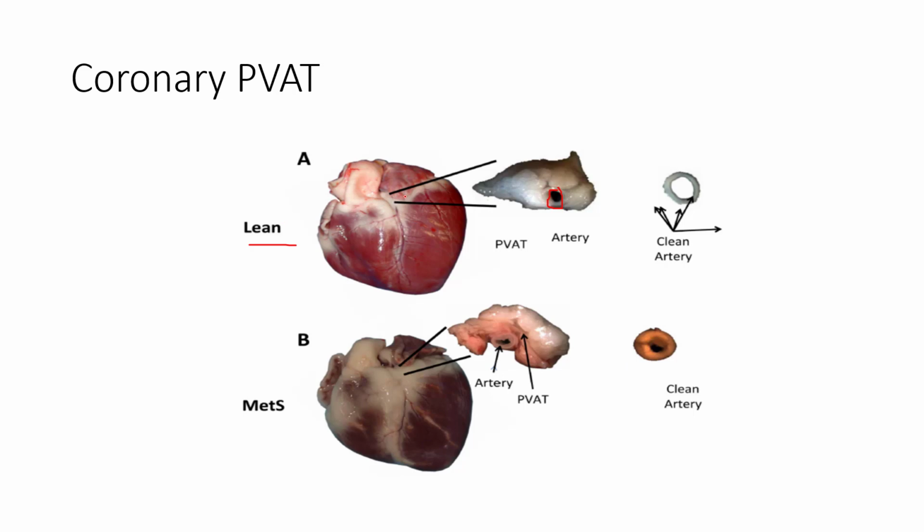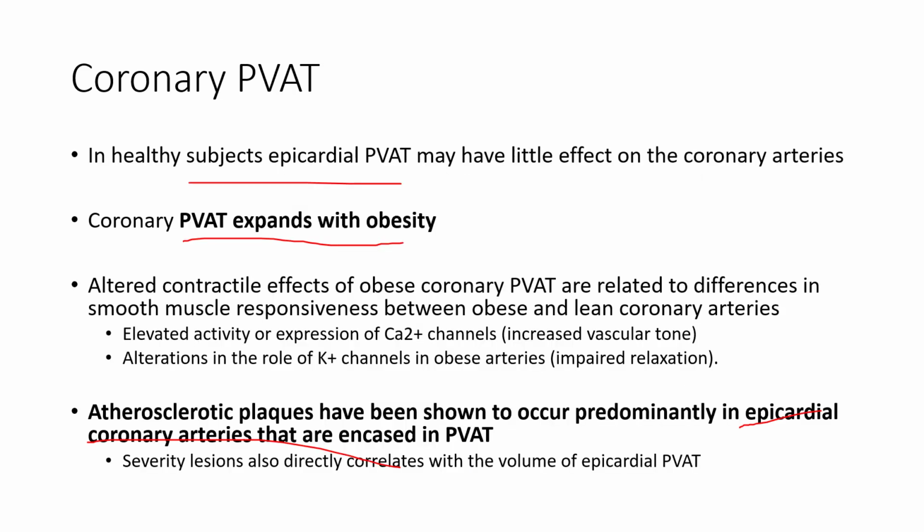There's always going to be a little bit of perivascular adipose tissue, but as you become more obese and have metabolic syndrome as well, you see an expansion of that perivascular adipose tissue, which affects the quality of the artery, favoring constriction. We also see hypertrophy of the artery, again due to inflammatory changes in those calcium channels and potassium channels.